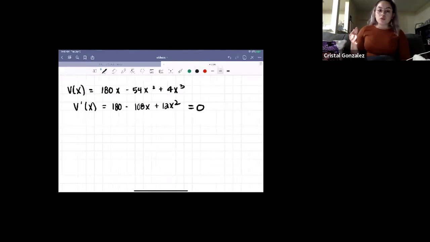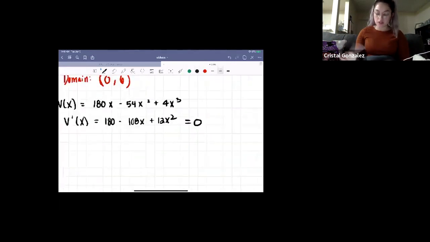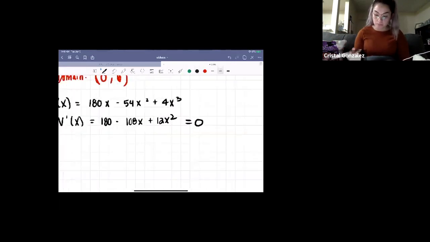Now what I'm going to do is factor out a 12 because they're all divisible by 12 and move it over to the other side and then move this x to be positive. So I'm going to factor out a 12. When I factor out a 12, I'm going to get 15 minus 9x plus x squared, which equals 0.